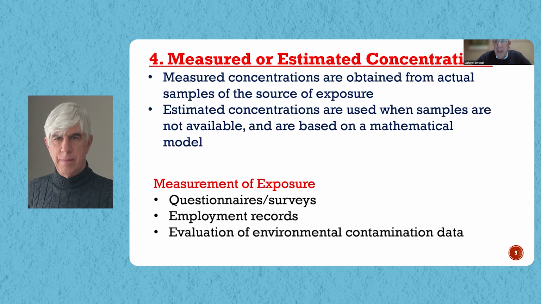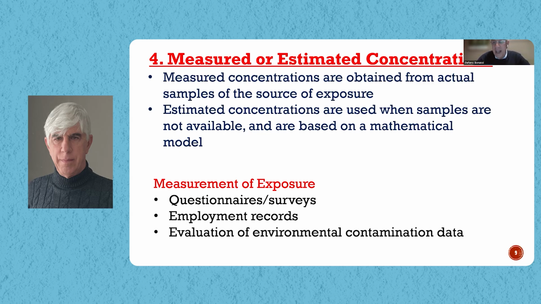The most commonly used is the questionnaire or the survey. Think about smoking. Most estimations of the quantity of cigarettes smoked go through questionnaires. How many cigarettes do you smoke every day?